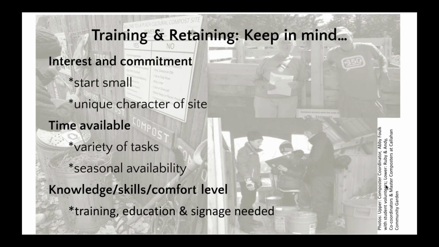Then think, of course, about the time people have available. Have a variety of tasks for people who have different amounts of time: small tasks, big tasks, one-time tasks, and regular responsibilities. And then when people are available.